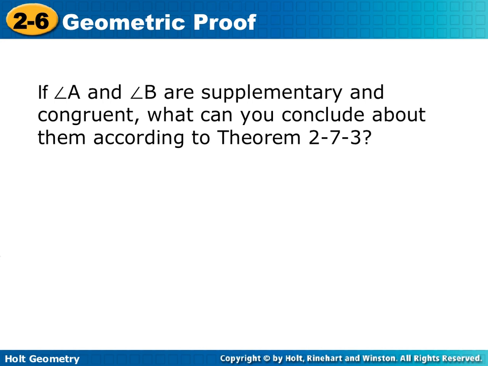Here's an example. If angle A and angle B are supplementary and congruent, what can you conclude about them according to this theorem 273? Tell me specifically, what can I conclude? They're both right angles. Okay, so you would say that angle A is a right angle and angle B is a right angle, just to clarify what you mean by they.